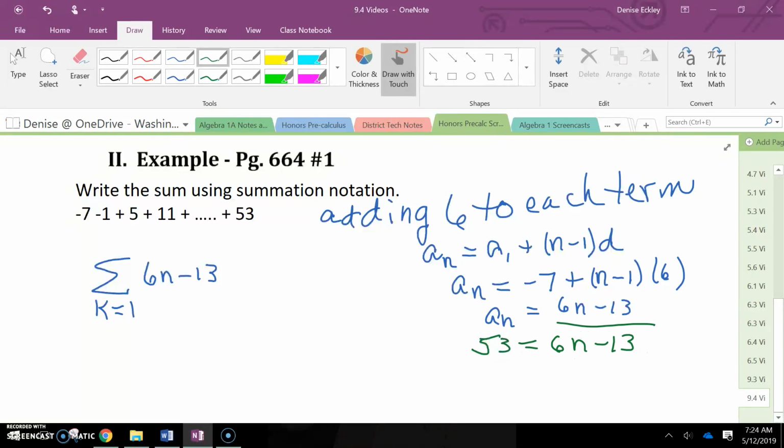And when we do that, we get that n is 11. So now we can finish our summation notation by saying k equals 1 to 11 of 6n minus 13.